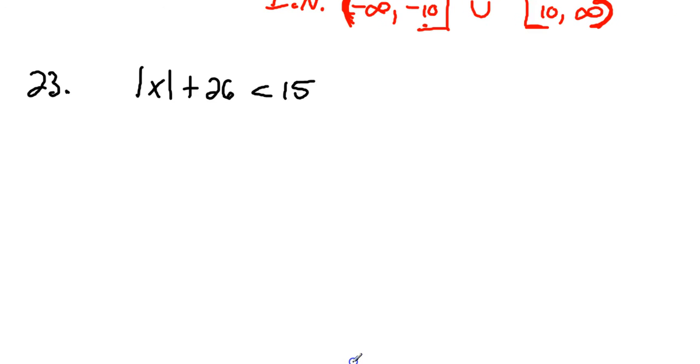Okay, so for this one, next one, still doing the inequalities. x plus 26 is less than 15. Okay, so for this one, we've got the absolute value of x is less than negative 11.